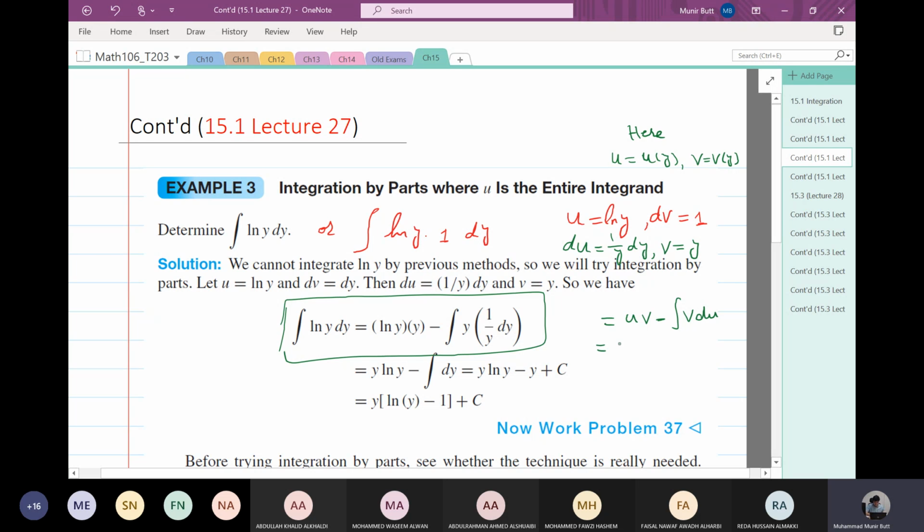And now u is your ln of y, and v is y, and du is 1 over y dy. And this becomes very easy: y ln of y minus y plus c, and this is the solution, and you can take this y common.